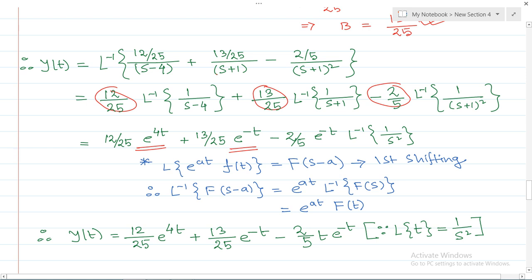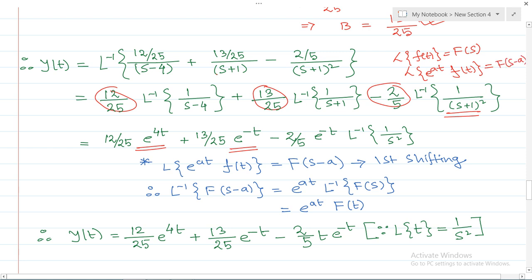Now let us come to understand this case. 1 by s plus 1 whole square is not coming from any one of the formulas. So here we have to apply the first shifting property of the Laplace transformation. What does the first shifting property say? Suppose Laplace transformation of small f(t) is equal to capital F(s). Now we want to find the Laplace transformation of e power at multiplied with f(t). Then the result will be F of s minus a.